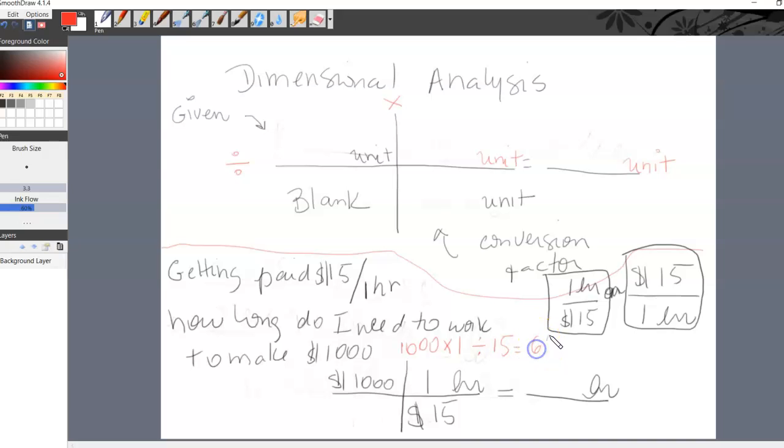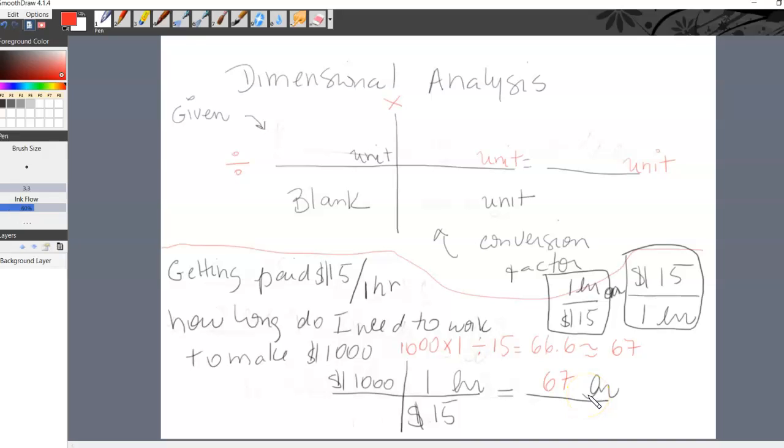It's going to be 66.6 and a bunch of 6s, so we're just going to approximate to 67. So you need to work about 67 hours without spending any money. Okay, so that is how you get there.